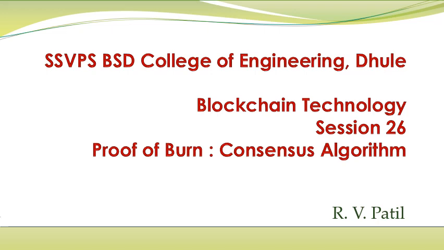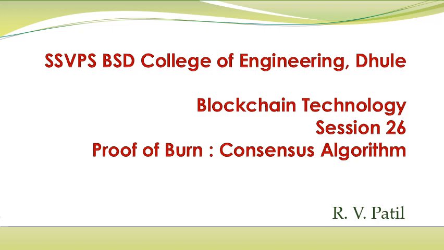And for adding a block, some node has to propose the block, and who will propose the block depends on the type of consensus algorithm used. In the previous two sessions we have studied proof of work and proof of stake. We know how the block is proposed in the proof of work algorithm.